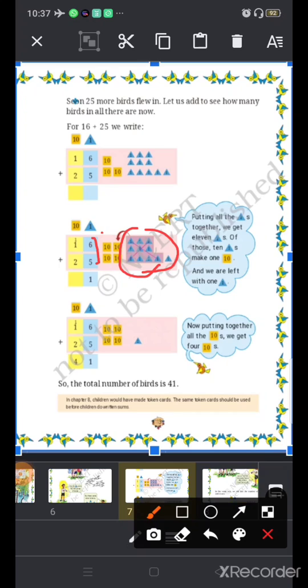So this one will write down in the place of ones, and this one will write up in the place of tens. Okay. Now 6 plus 5 is 11. 1 will go up for carry. Now we'll add these three numbers. 1 plus 1 is equal to 2, and 2 plus 2 is equal to 4.